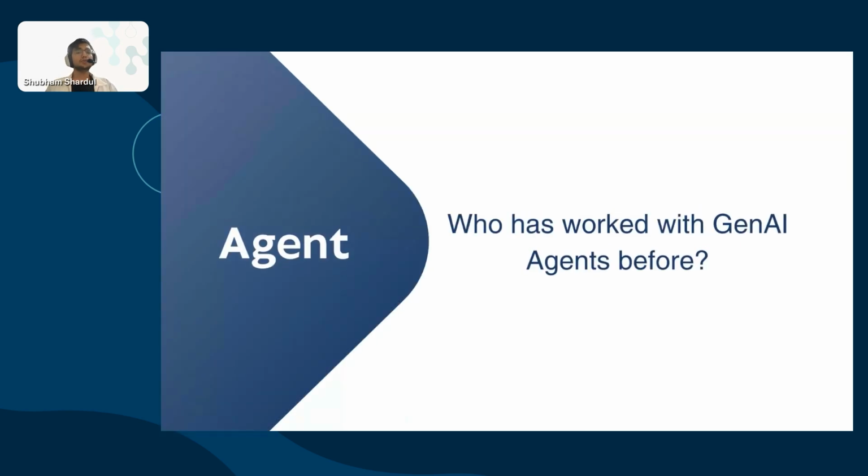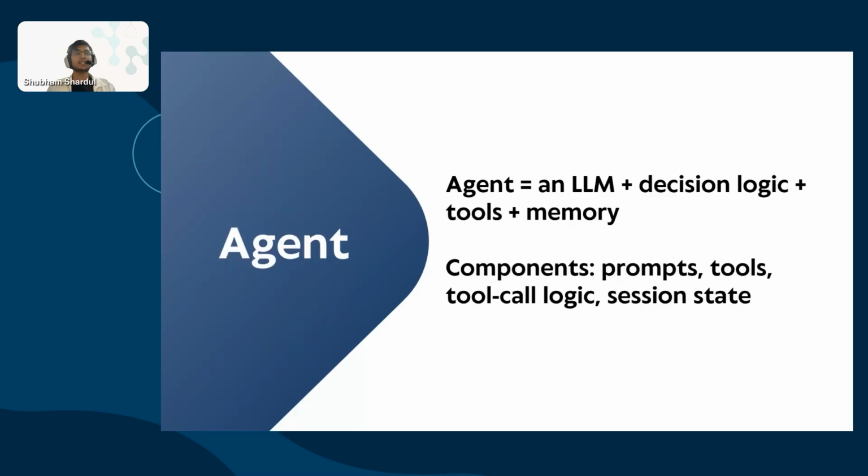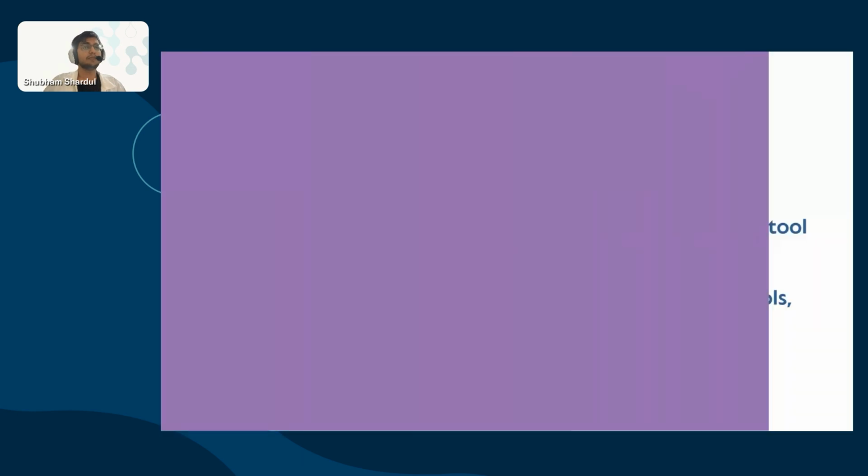If you have worked with agents before, you have come across this: an agent is a combination of an LLM, a design logic, and tools that it can call. And finally, there is also a memory criterion, where you have to define the memory. Its components, like I said, are the prompts you have to define, a tool calling logic, and a session state for memory.